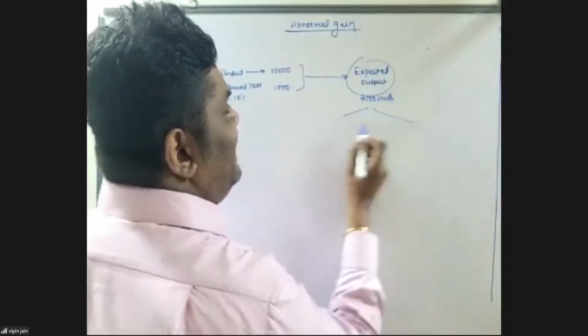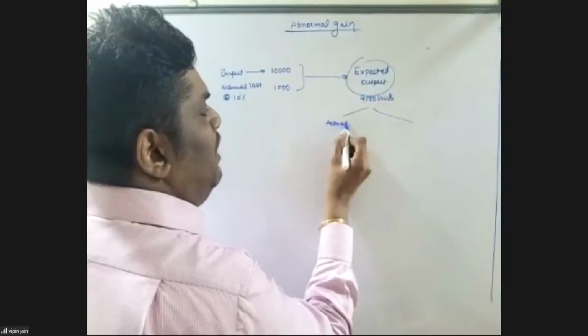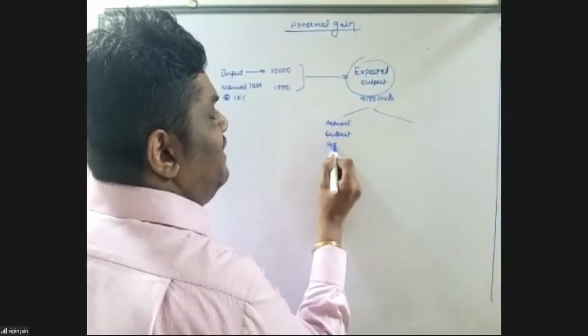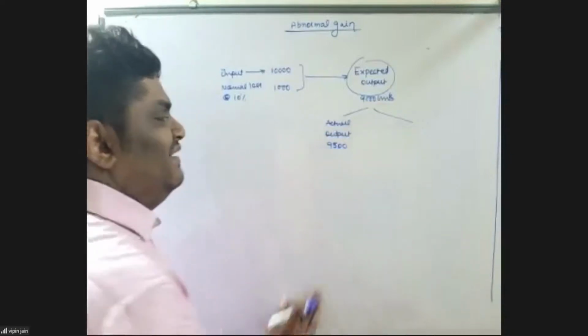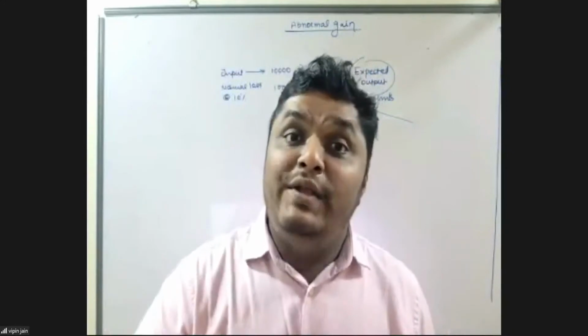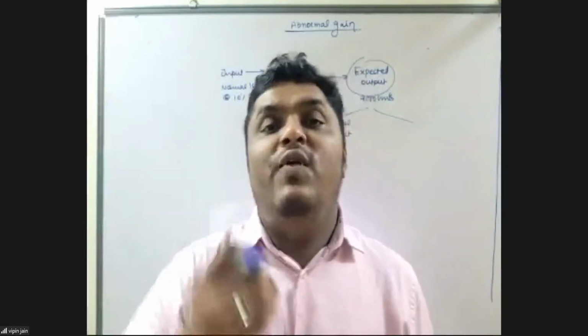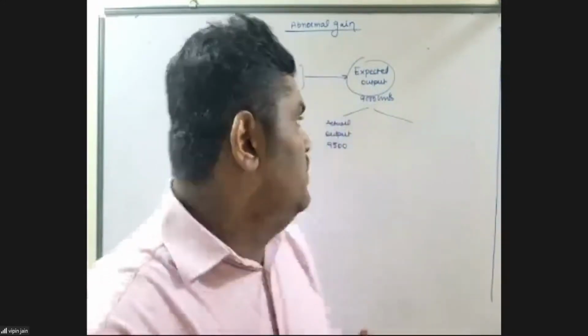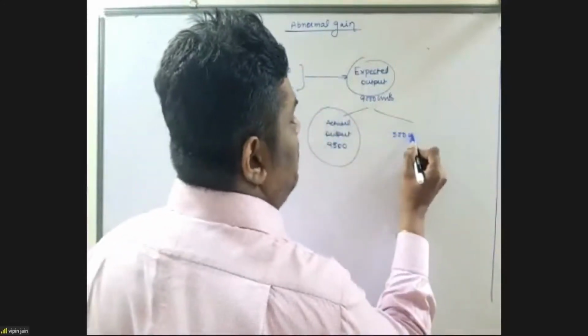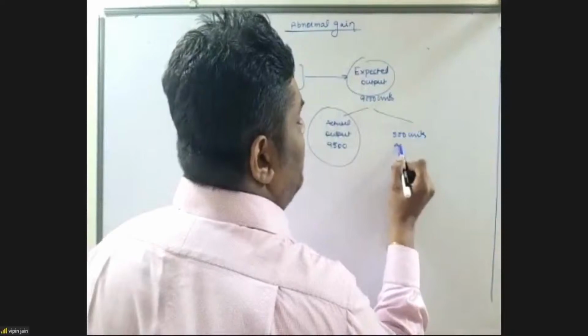However, when the actual results were out, my actual output was 9,500 units, much more than what I expected. So these 500 units is my abnormal gain.